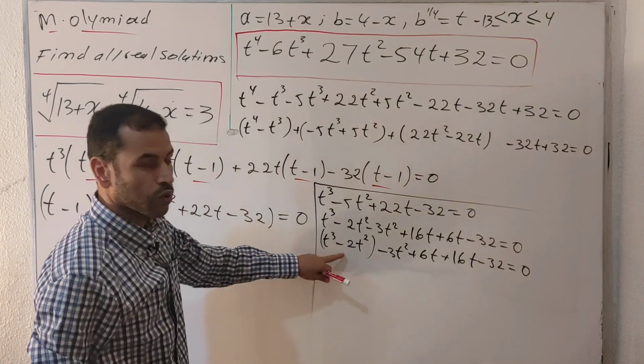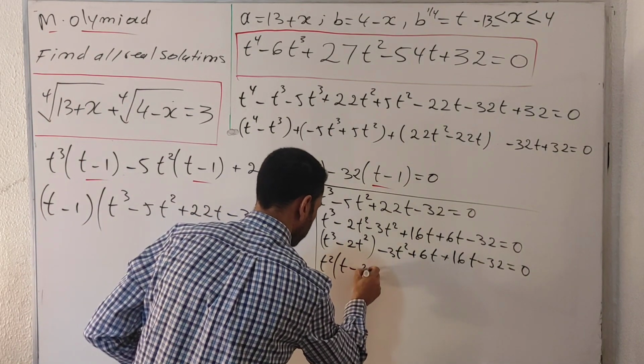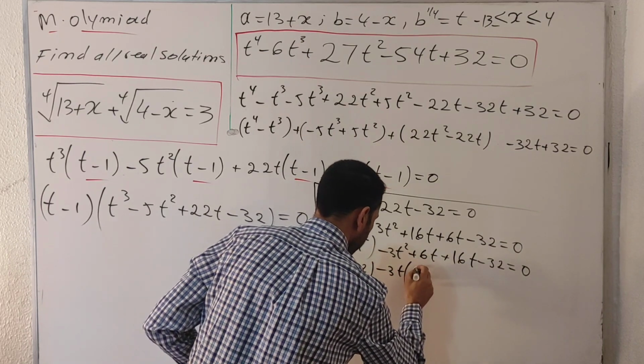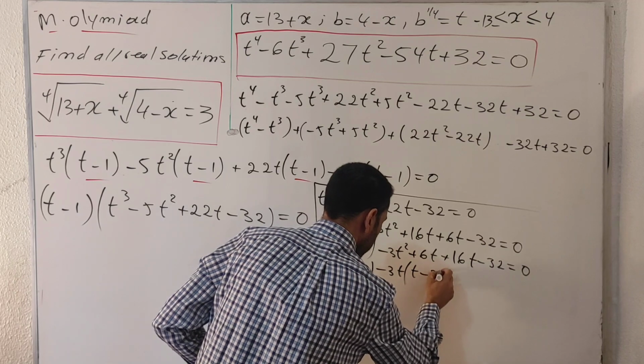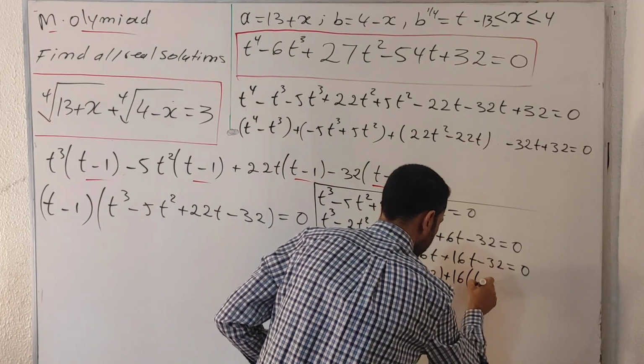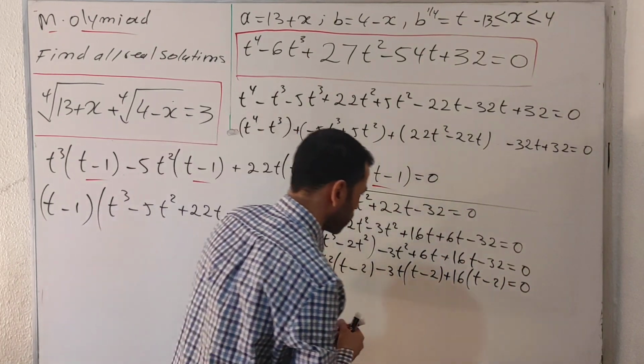I'm going to take t squared as a common factor. We'll have t squared here, factor t minus 2. For the second one, I put minus 3t as a common factor. We'll have t minus 2. Last one, I will get 16 multiplied by t minus 2 equals 0. Okay. Here is the common factor, t minus 2.